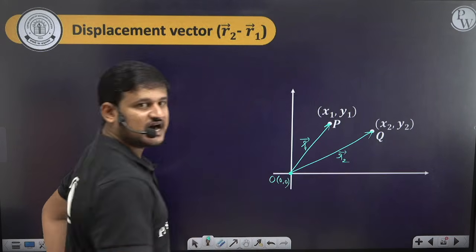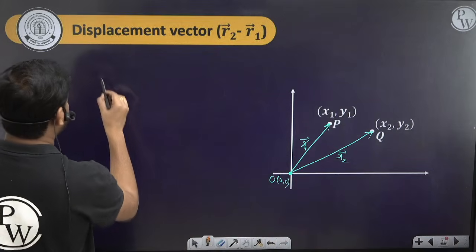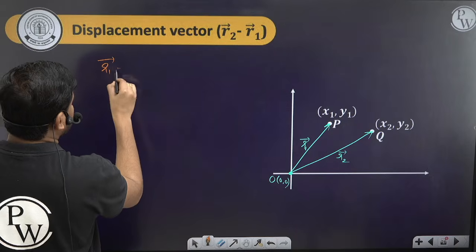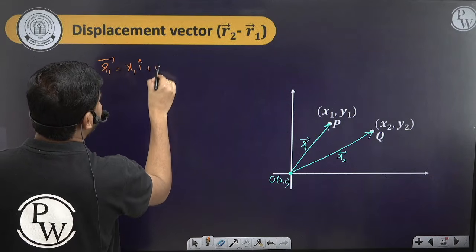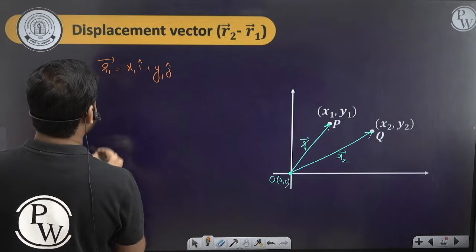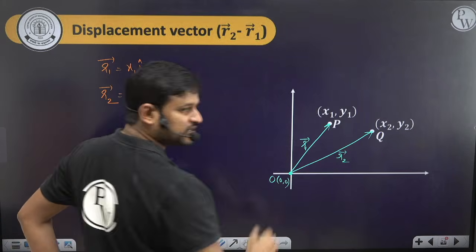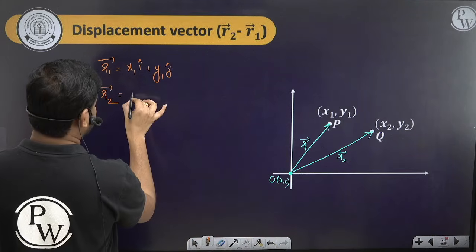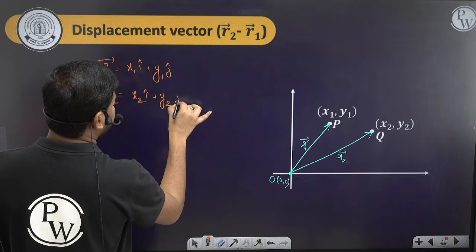Shall I write the vectors of R1 and R2? R1 is one position vector, which is nothing but x1 i cap plus y1 j cap. Then R2 is another position vector, position vector meaning with respect to the origin, which is x2 i cap plus y2 j cap.